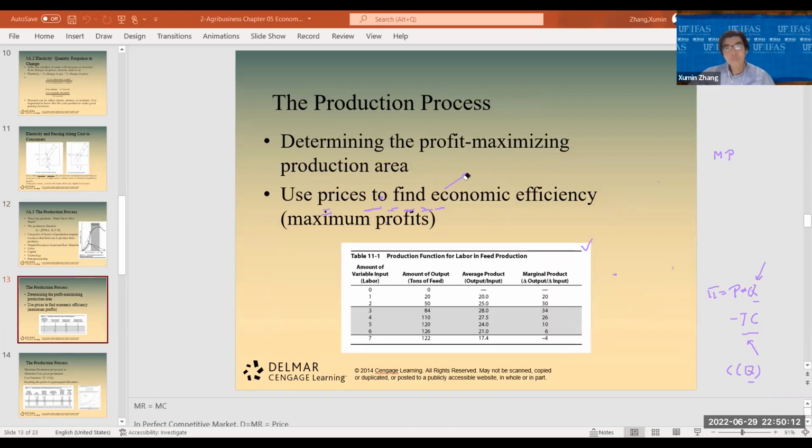We switch this production function to the cost function. Okay, so the idea behind that is once we solve this problem, we want to have the max Q. This is maximizing the production, right? But don't forget, we are still subject to a constraint.